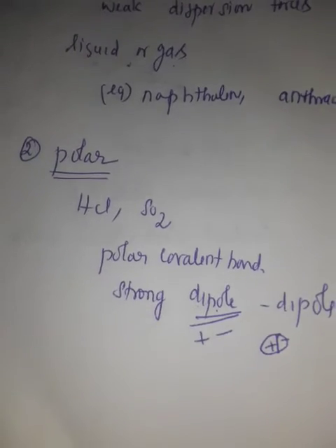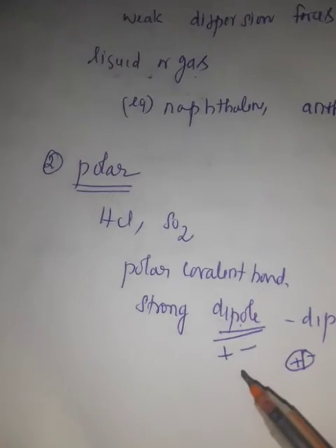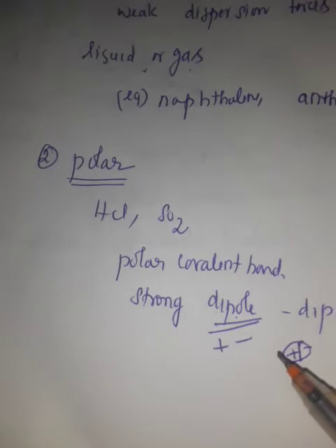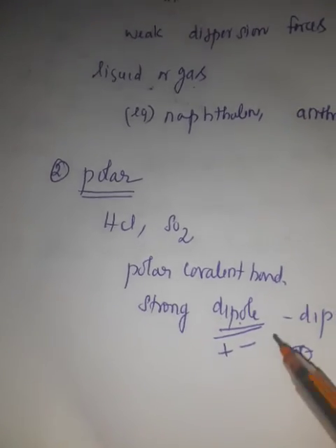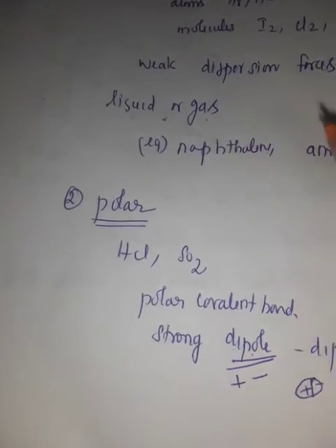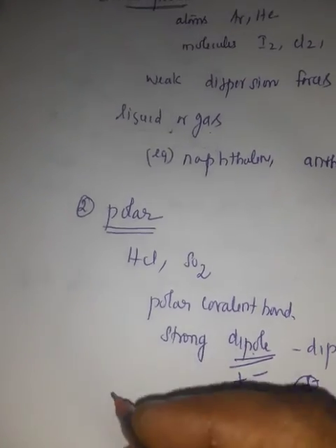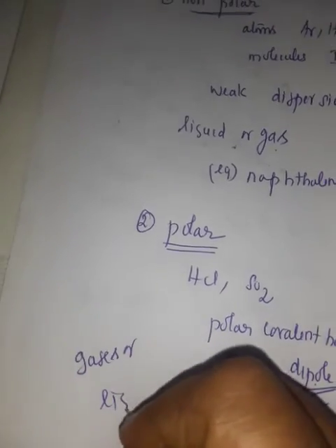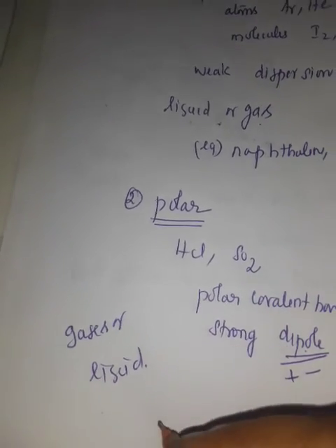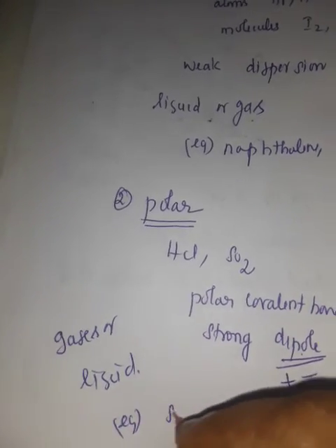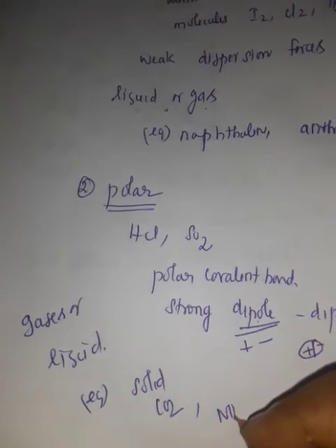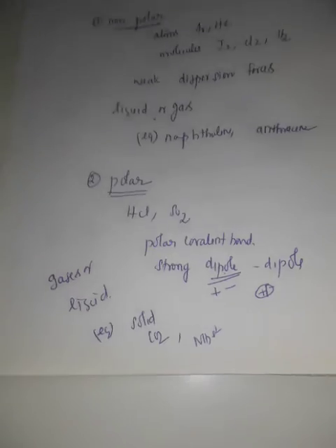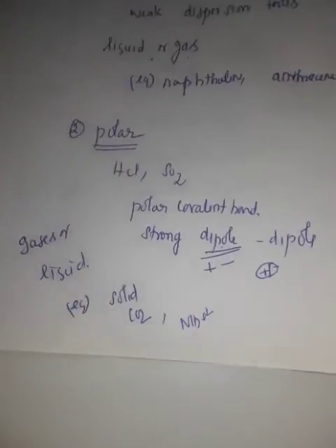Strong dipole-dipole interaction. These solids are also soft and they are also non-conductors of electricity, but they have high melting point than those of non-polar molecular solids. Most of these occur as gases or liquids at room temperature and pressure. Example, solid CO2, carbon dioxide, solid ammonia, etc. This is called polar molecular solids.